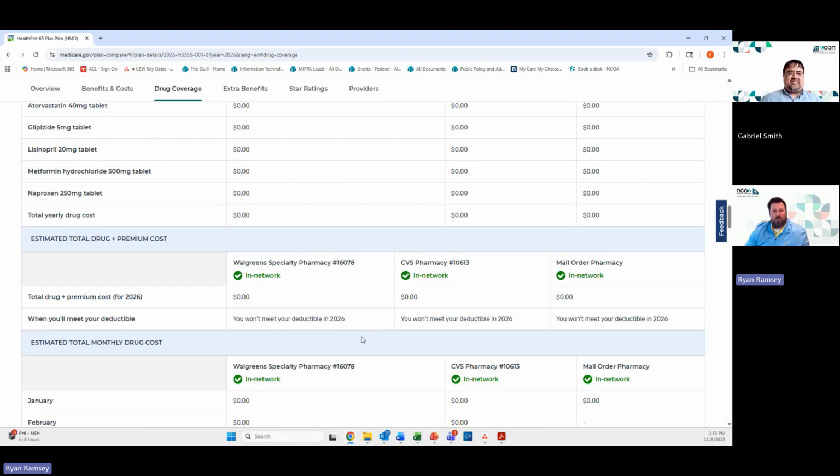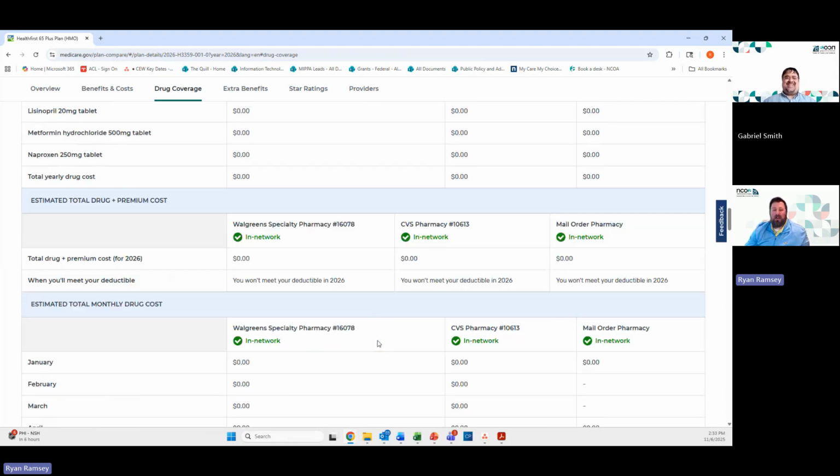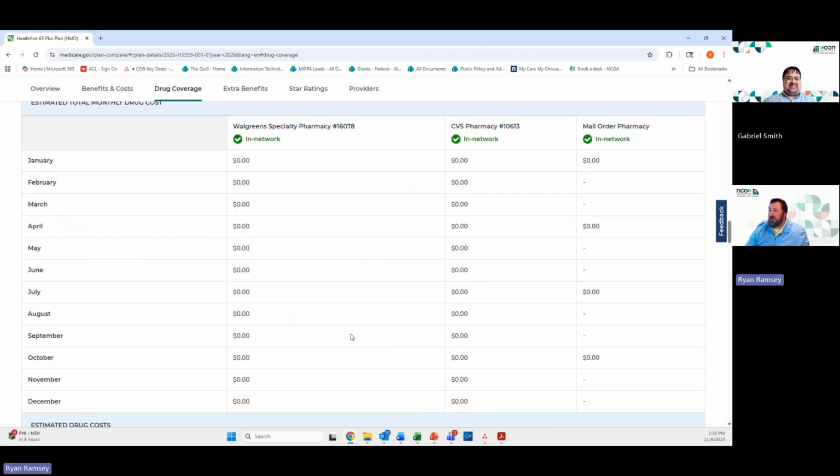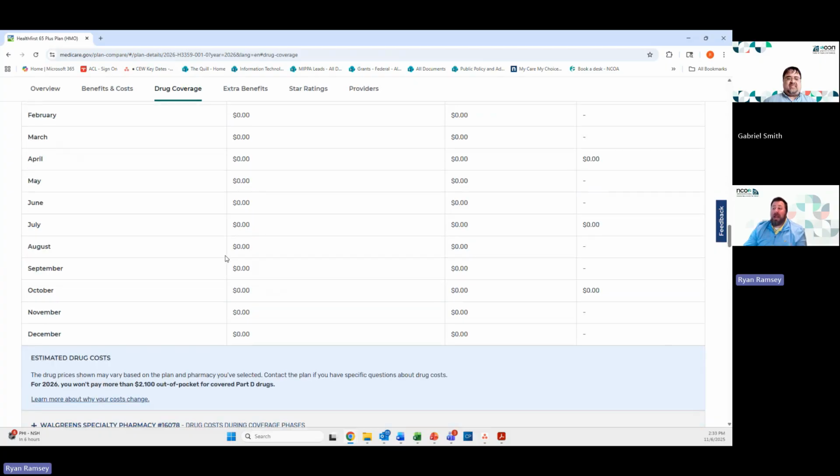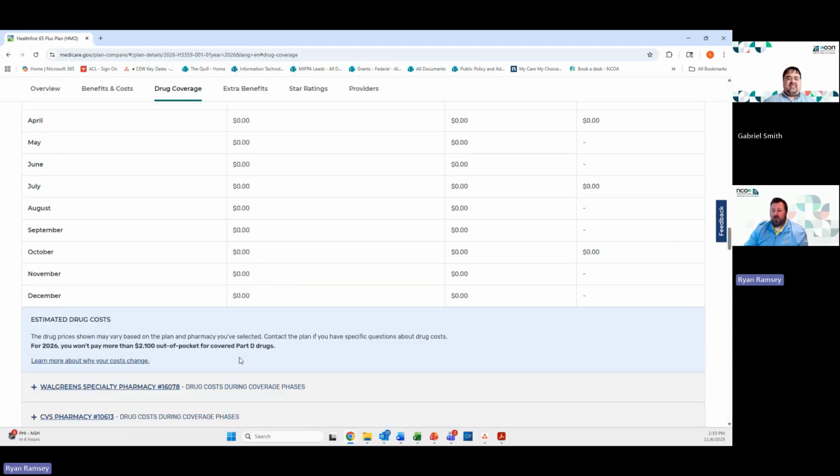So it's really up to their preference and how they want to receive their medications. And then you can find the breakdown month by month of what they would be paying in the pharmacy for these medications. Because there is no copay to these, they don't have any cost for those, and therefore would not incur any sort of cost either.